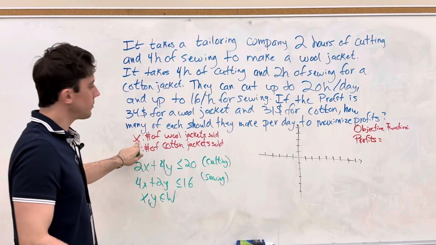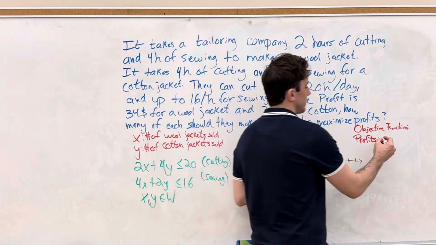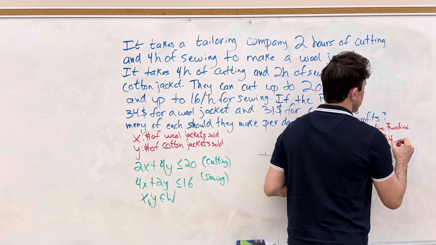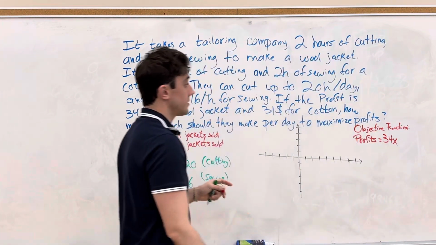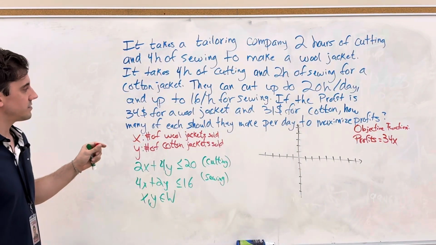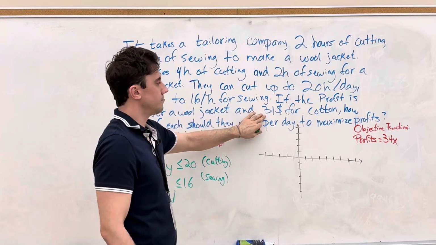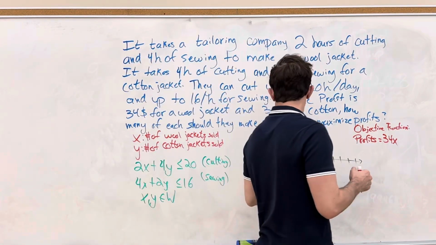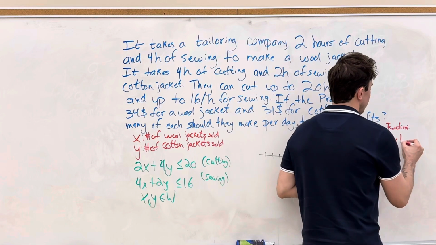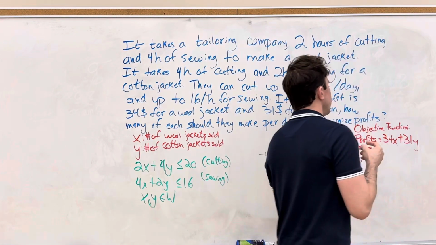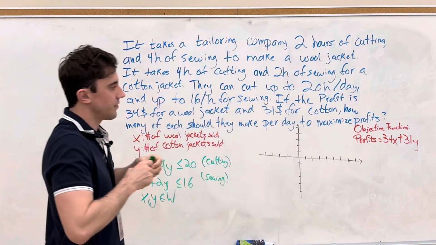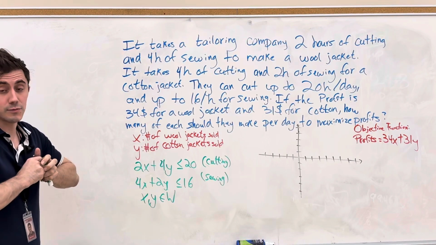That's our X variable, so $34 times however many wool jackets we produce, hence 34X. And also $31 for each cotton jacket produced. That's our Y variable, so plus 31Y. Again, that's the function we want to maximize, we want to optimize.